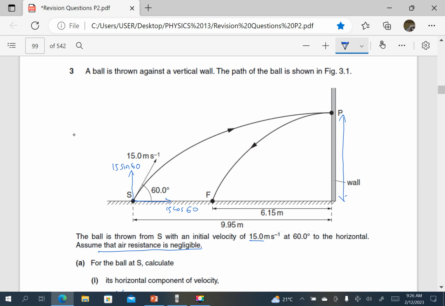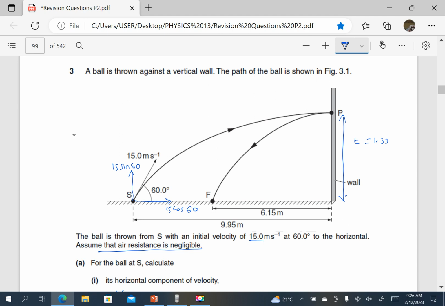That means it is going to take the same time to fall if it starts from point P to point F. So it means the time to land is still going to be 1.33. We can even check.